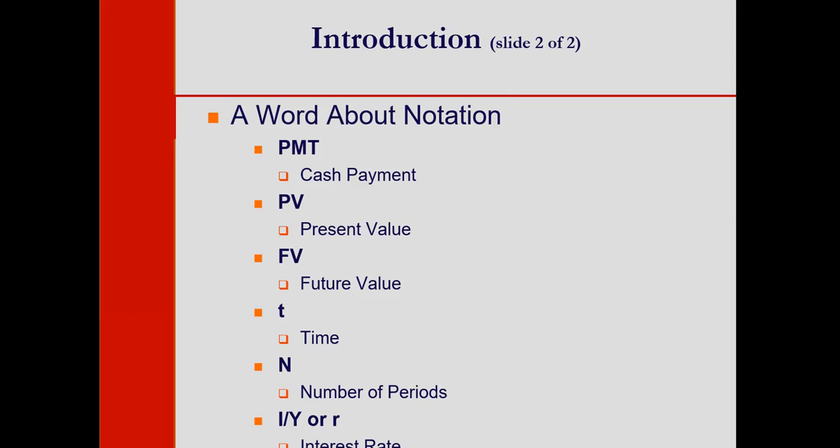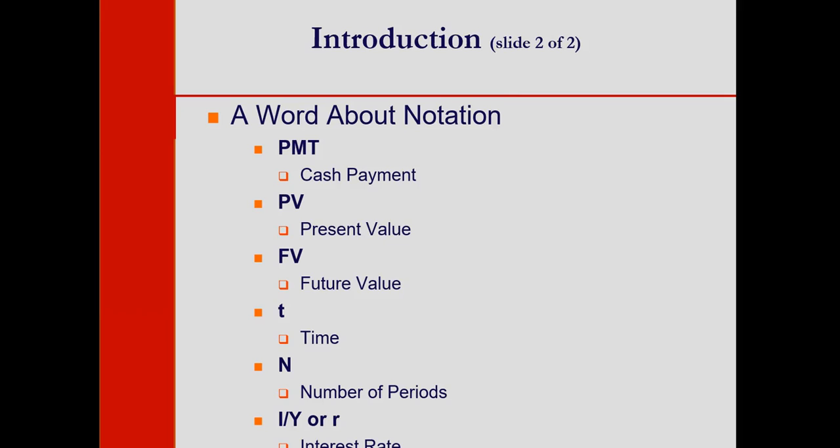Time can be 5 years or 10 years, but if compounding takes place half yearly, then in 10 years there will be 20 periods, meaning compounding takes place 20 times. So the number of periods always depends on compounding frequency.